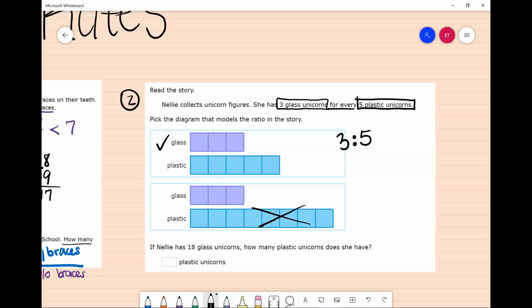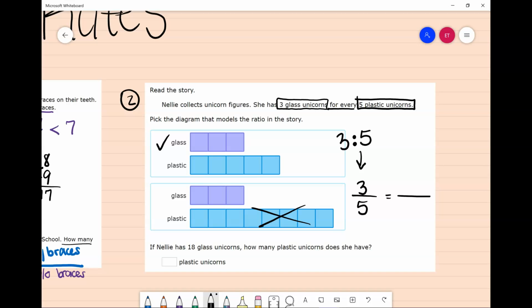Okay, now the second part says if Nellie has 18 glass unicorns, how many plastic unicorns does she have? Well, I'm going to now write this ratio as a fraction. So I'm just going to write 3 as my numerator and 5 as my denominator. Then I'm going to set that equal to an equivalent ratio.